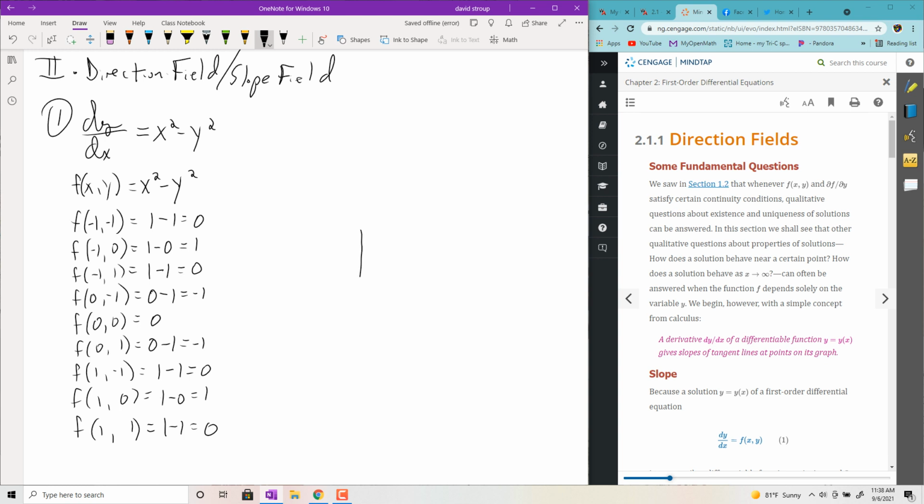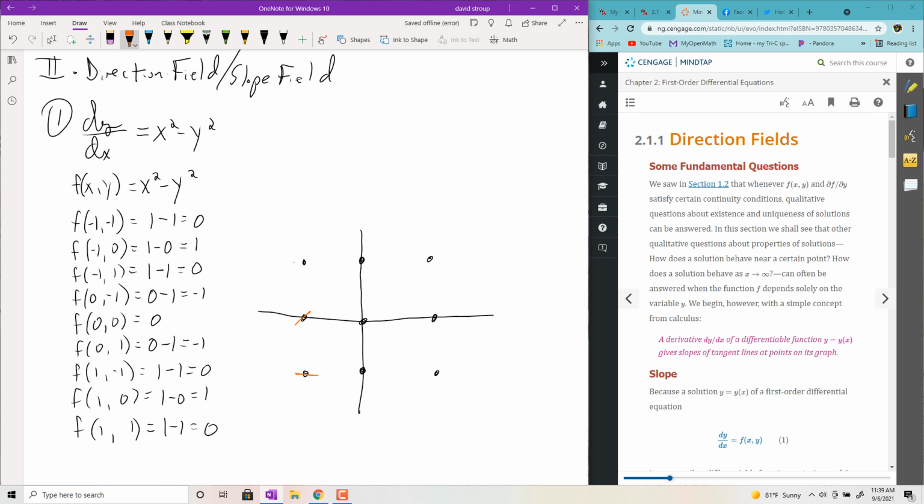Okay, so I'm going to come over here now to my xy plane and put little tick marks at each one of these points that represent the tangent line to the solution curve that would go through that particular point. So -1, -1, let's put it in red. We have slope of 0, so that's just a horizontal line. Negative 1, 0, slope of 1, so you go up 1 over 1. So you'd have a little line going up.